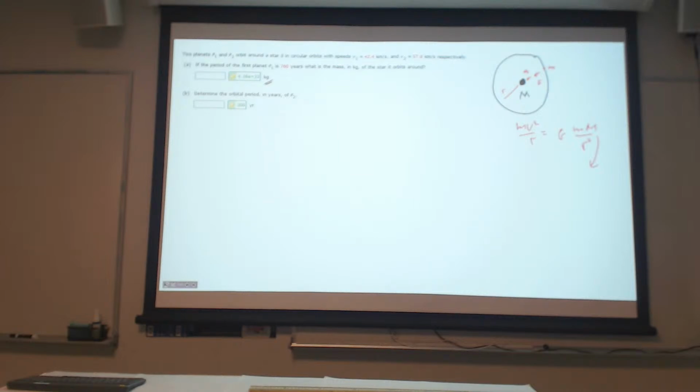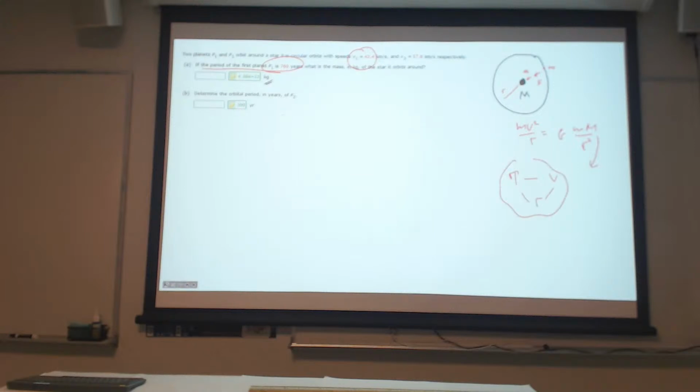And you also know that the period is related to speed and the radius. How would you relate the period of the motion, the speed, and the radius?